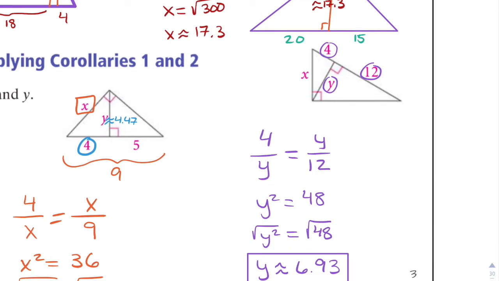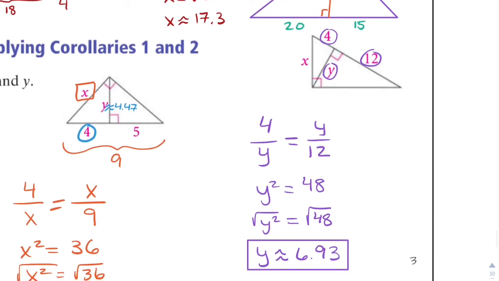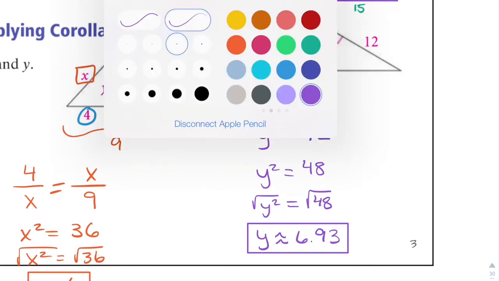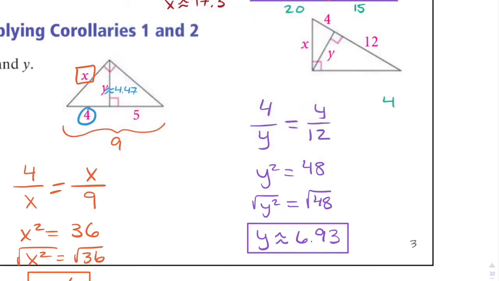All right, I'm going to erase that. Now I need to solve for x. So it looks like I'm going to be doing the smallest triangle, small side and its hypotenuse. And then I'm going to do the outer triangle smallest side, which is x, and its hypotenuse, which is going to be a total of 16.